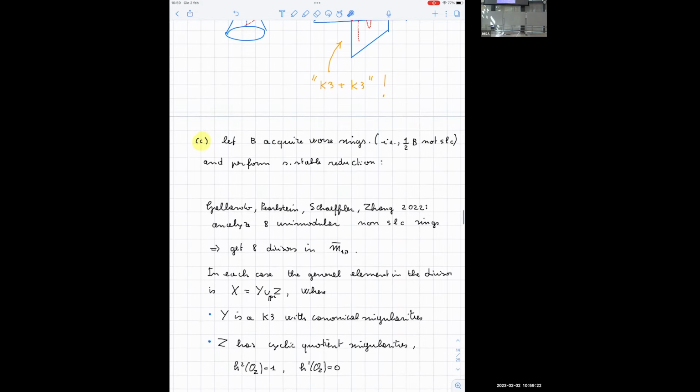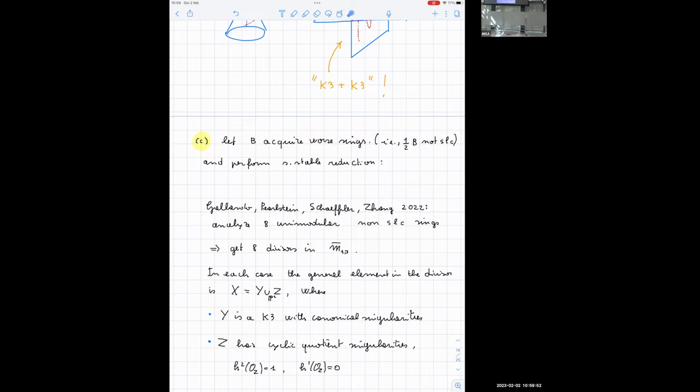Another possible strategy, which has been used by Gallardo, Kirsten, Schaffler, and Jean in a paper in 2022, is to let the branch curve acquire singularities that are worse than semi-log canonical. Then the double cover is not a stable surface, but you can perform a semistable reduction and replace it with a suitable stable surface.